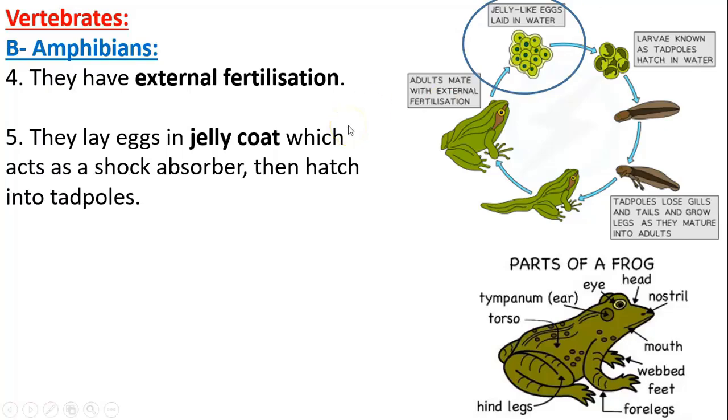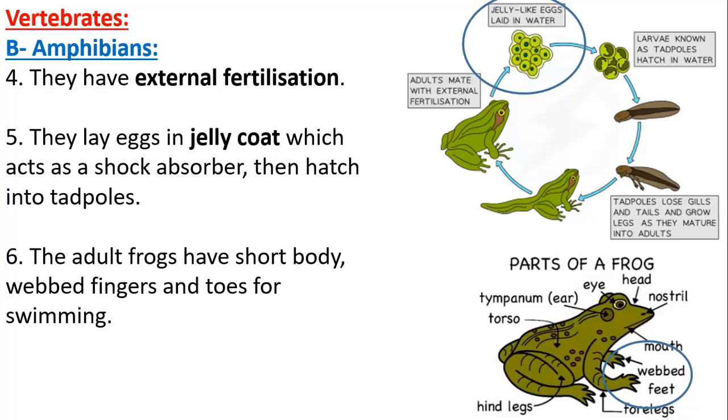The type of eggs they lay are jelly-coated eggs, which act as a shock absorber, then hatch into tadpoles. What does shock absorber mean? It means that since their cover is rubbery, made of jelly, it protects them from any hitting or any shock that happens to the egg and protects the creature inside.